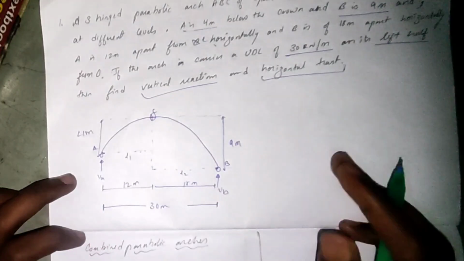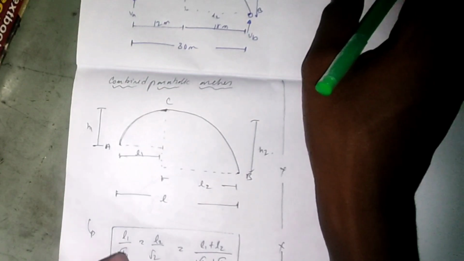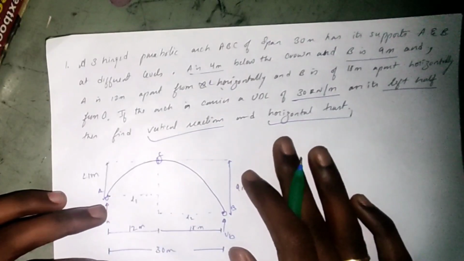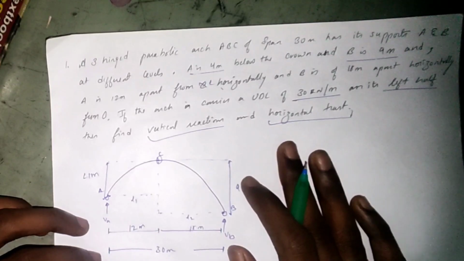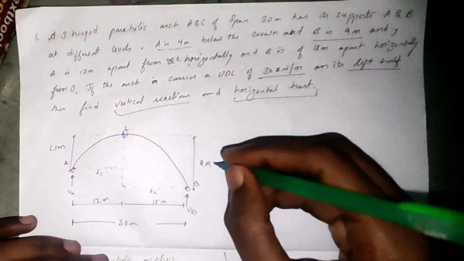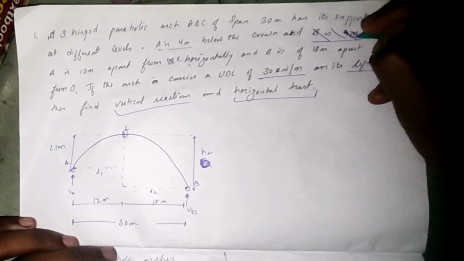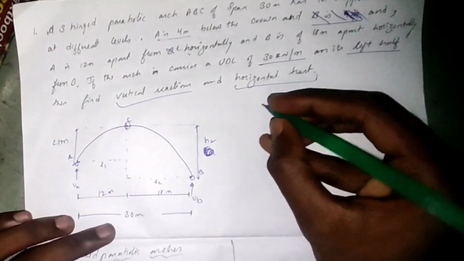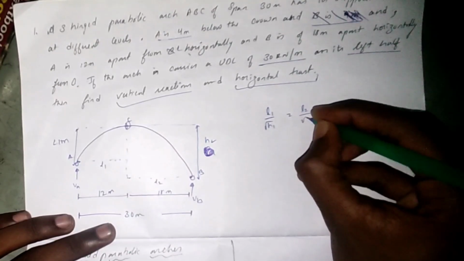So now by the property of parabola, using this condition, we'll use L1 by root over H1 is equal to L2 by root over H2.